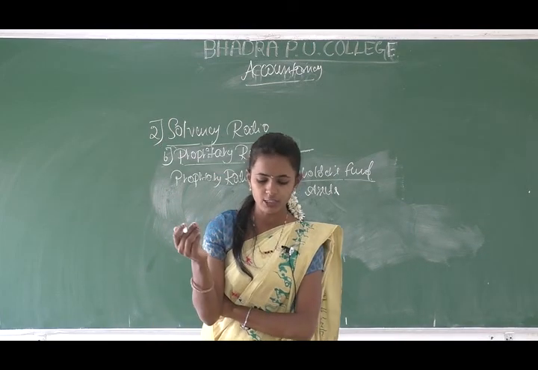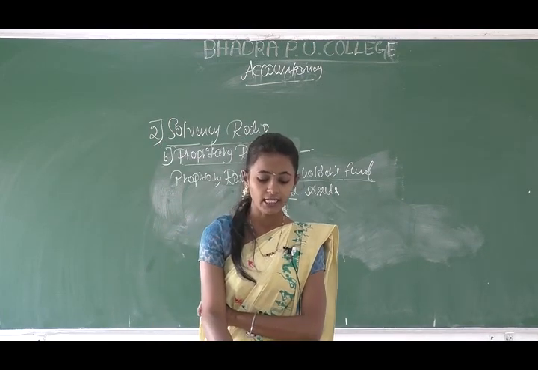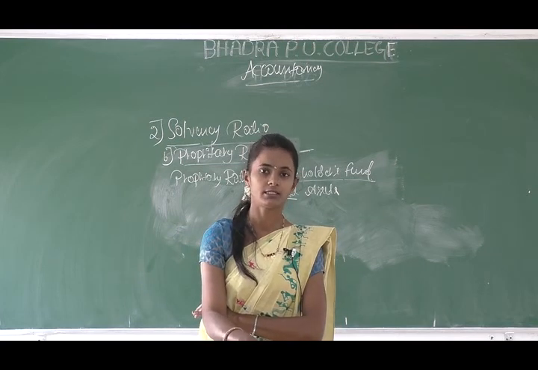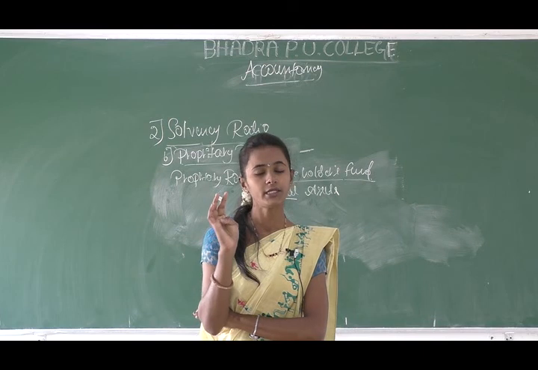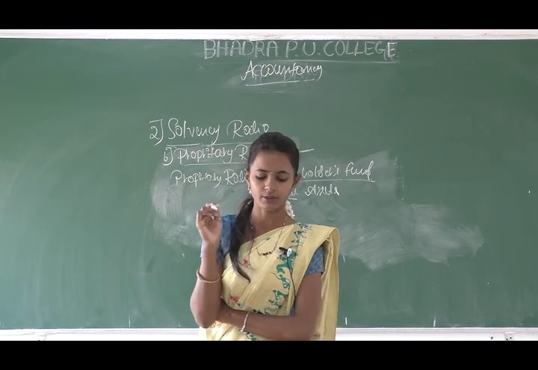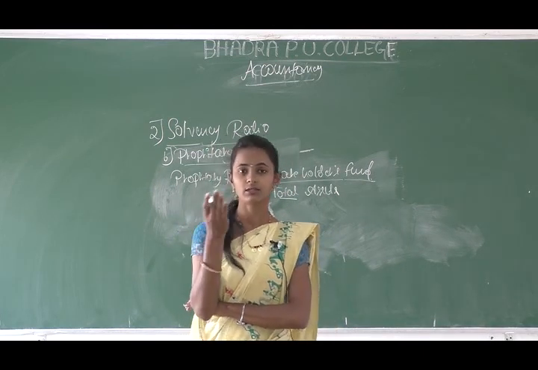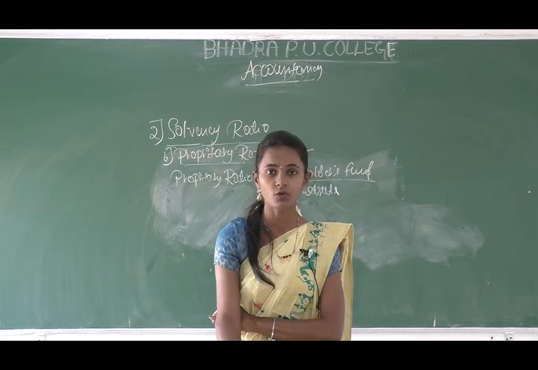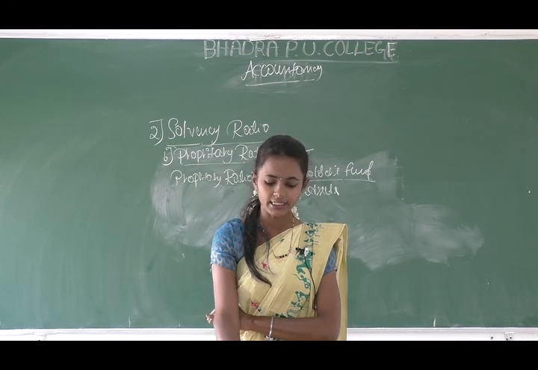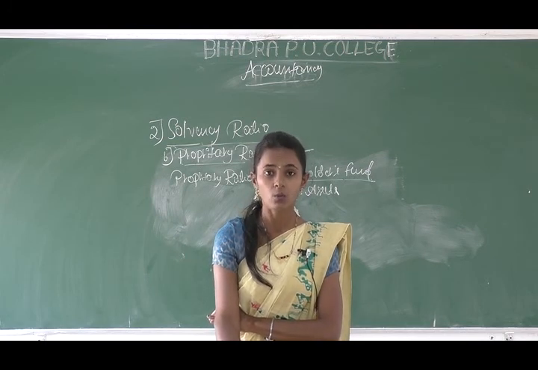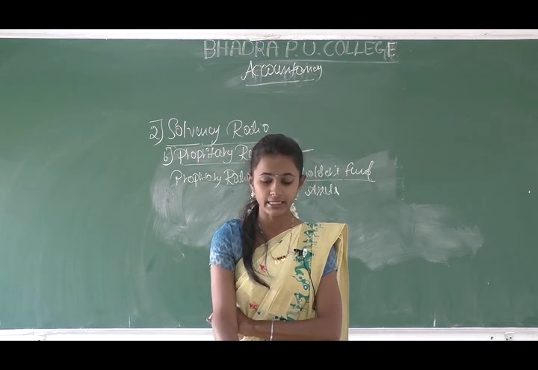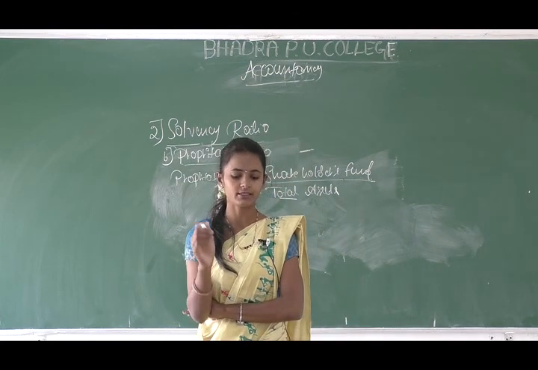The first problem says to calculate the debt equity ratio and proprietary ratio. In the question they have given 4 items. The first one is long term debt, 4 lakh, and the second one is current liability, 1 lakh. The third is total assets, 10 lakh, and finally shareholders fund, 5 lakh.